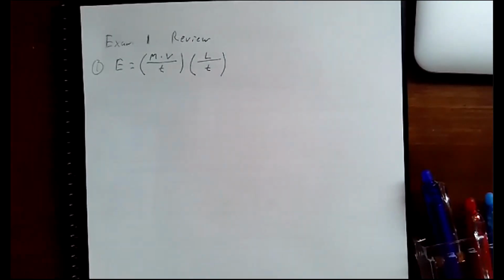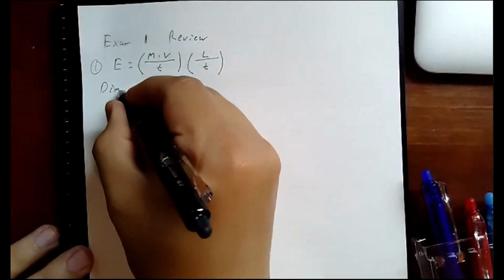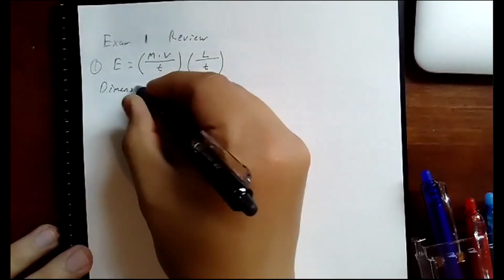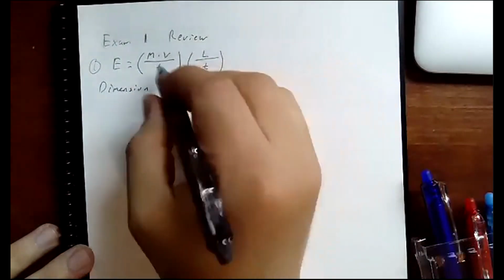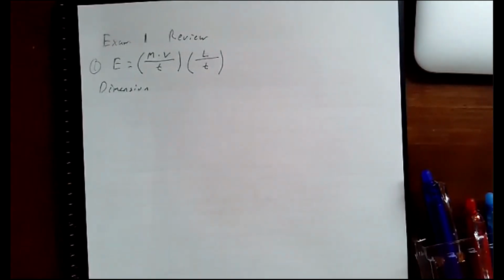So on the practice problems and derived dimensions, we had the dimensional analysis part, which basically what they want you to do is show or derive the formula. Show that this is indeed E. That's what they want you to do.